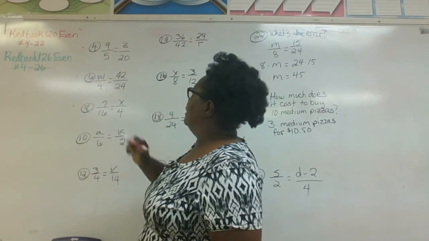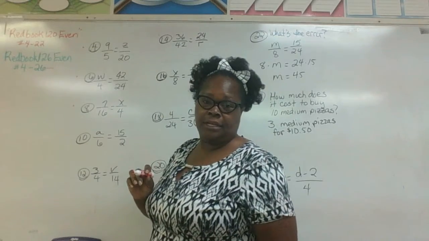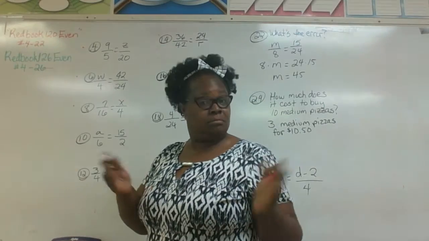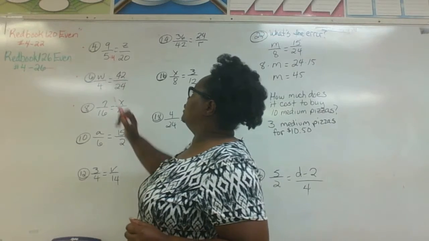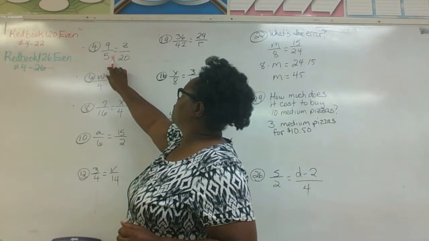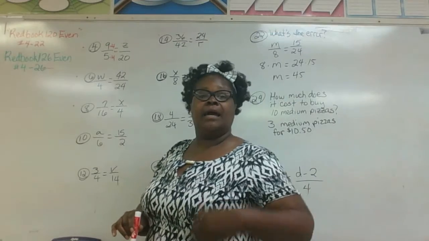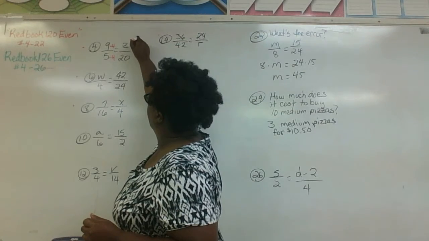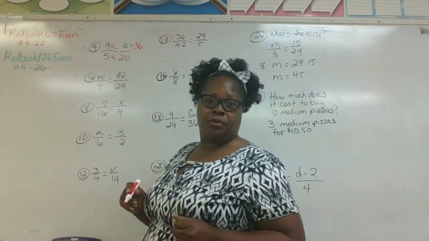So what times 5 will give us a product of 20? That would be 5 times 4. And as we know, what you do to the denominator, you must also do to the numerator. So if 5 times 4 is 20, then 9 must be multiplied by 4. And 9 times 4 is 36. So Z would be equal to 36.